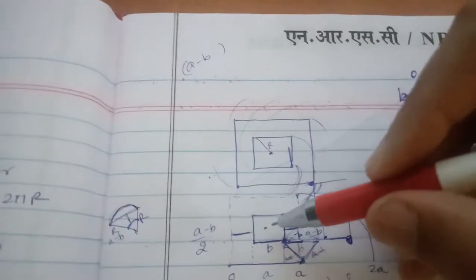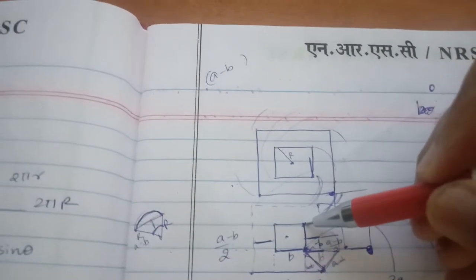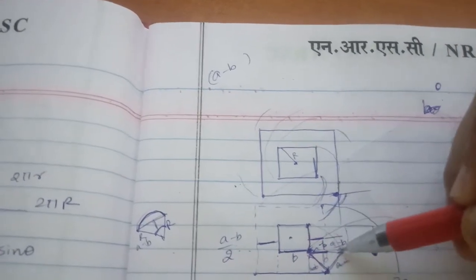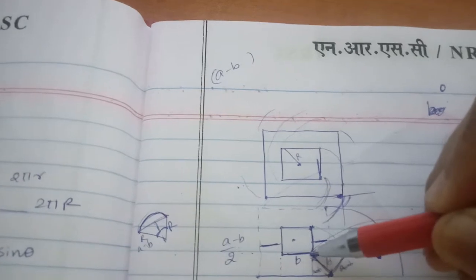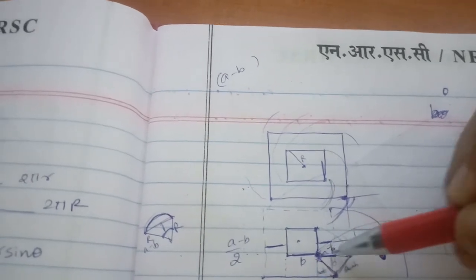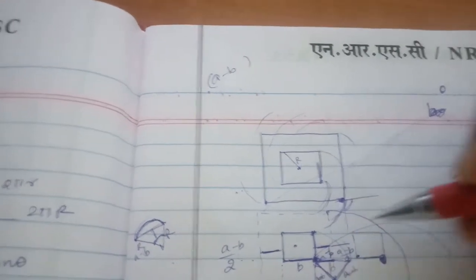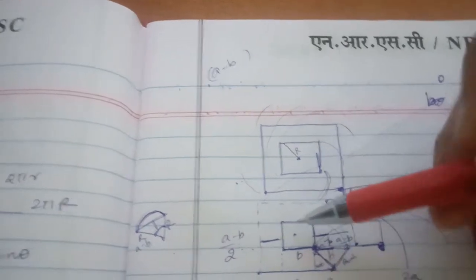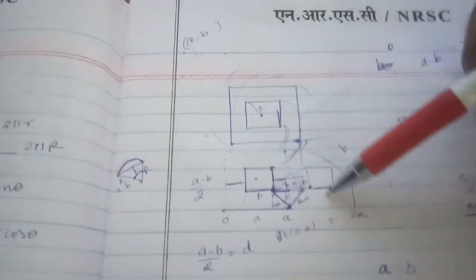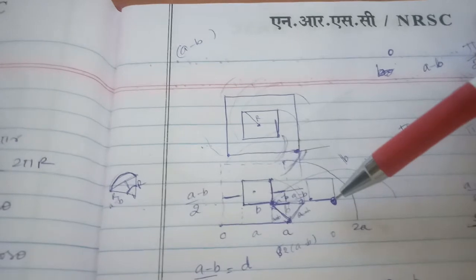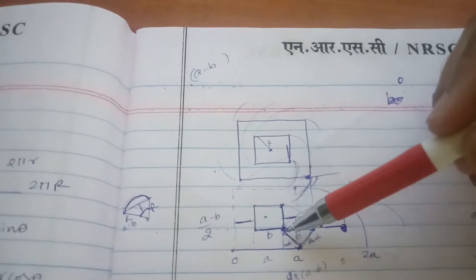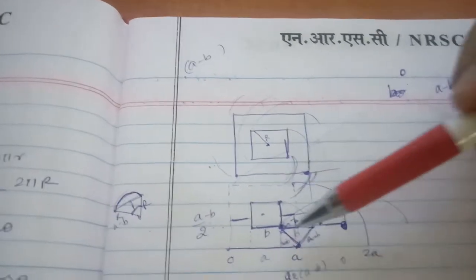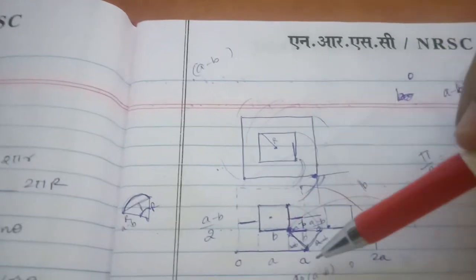If only the small square had rotated, this point should ideally be here, and the distance between this point and the new point should be b. But when we actually measure, the distance is a, the side of the square.